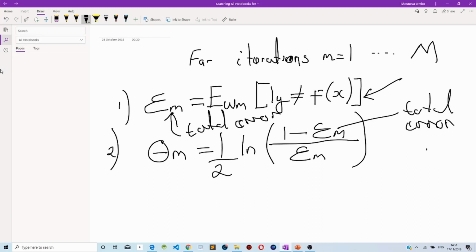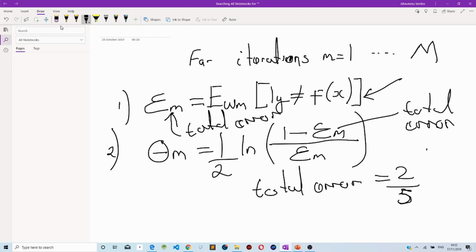Let's say we had 5 data points and our classifier makes 2 mistakes, so the total error in this case will be 2 over 5. For any classifier with accuracy higher than 50%, the weight is positive. The more accurate the classifier, the larger the weight.